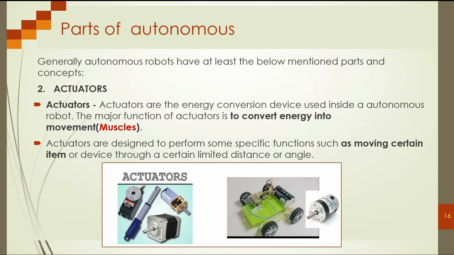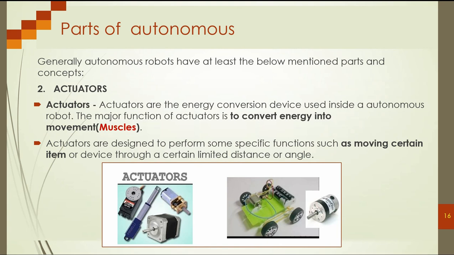There are some actuators there. In the refrigerators, the electrical energy is converted into mechanical energy by the motor, and the motor runs the compressor, and then the compressor cools the refrigerator. So this is an example of the actuators.